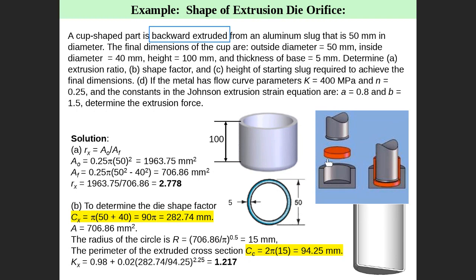The initial workpiece is an aluminium slug, 50 millimeter in diameter. The cup has an inside diameter of 40 millimeter. The outside diameter of the cup is exactly the same, 50 millimeter, and the inside diameter is 40 millimeter.